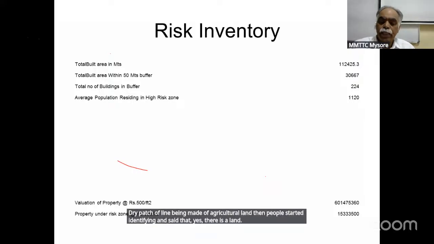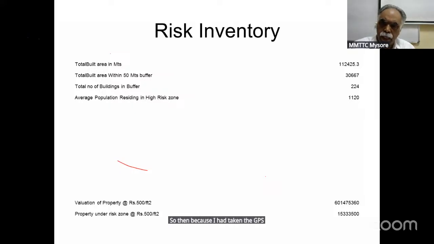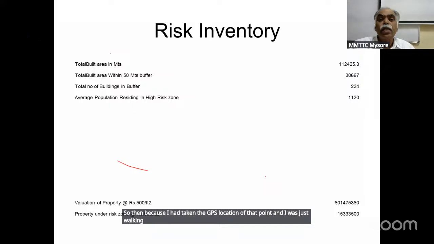Because I had taken the GPS location of that point, I walked towards that spot through the agricultural land, and we located it. The GPS XY coordinates I had taken exactly matched with that spot.